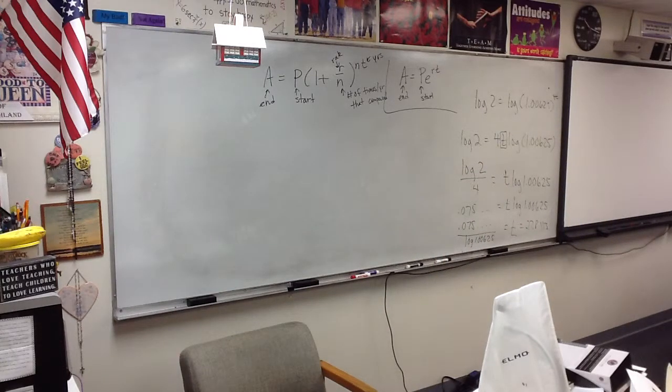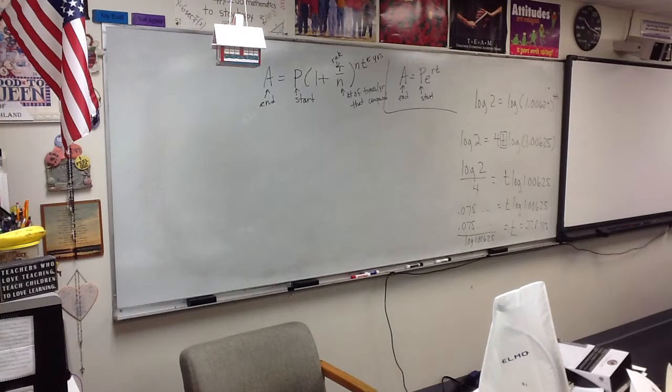Let's read number 2. Have you read number 2? Okay, let's read it, and then tell me which formula we're going to need for problem number 2. The same one we used, right?